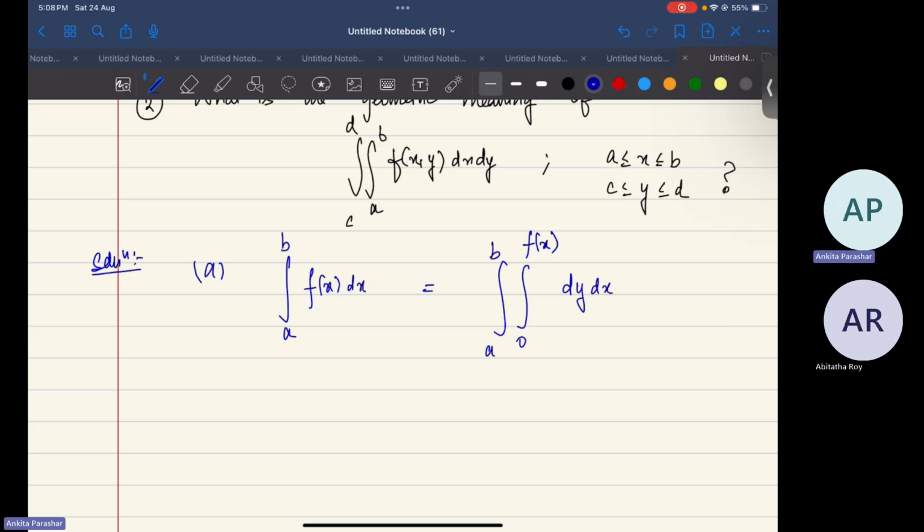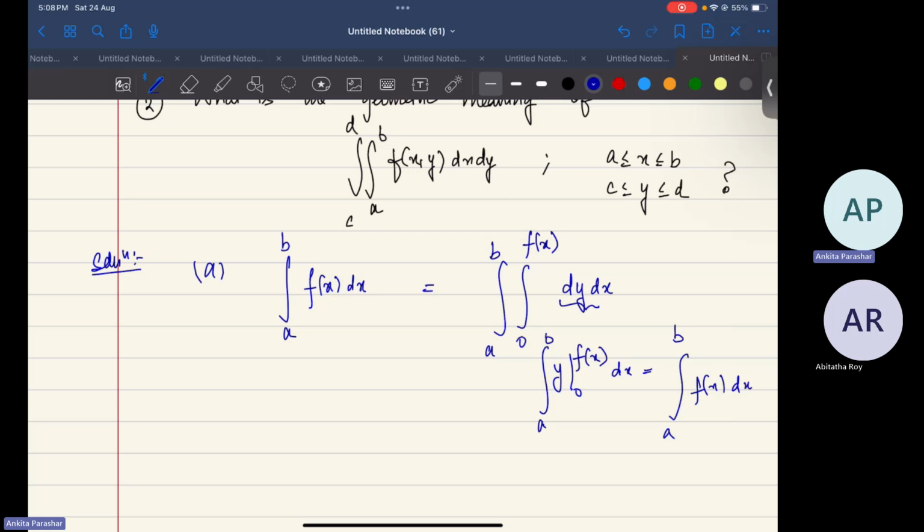No. Yeah, this is one parameter I'm just writing independent of x. And if I integrate with respect to y, then it is simply y and the limits are 0 to f(x). And then you have a to b, dx, and it is just the integral from a to b of f(x) dx.